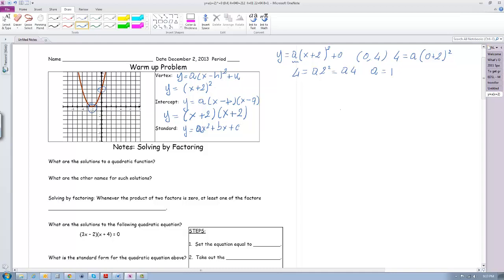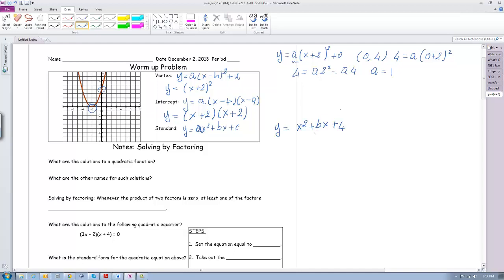Now, let's look at the standard form of the parabola. Now that we have the intercept form, we could easily find the standard form by foiling this equation here. But we already know that a is equal to 1, so we can write that y is equal to x squared plus bx plus c, and we know that c is our y-intercept, and in this case is 4, so we can write 4.